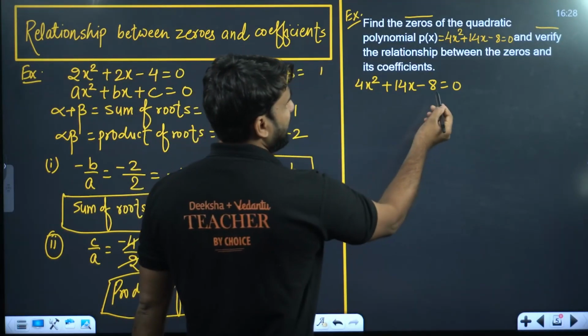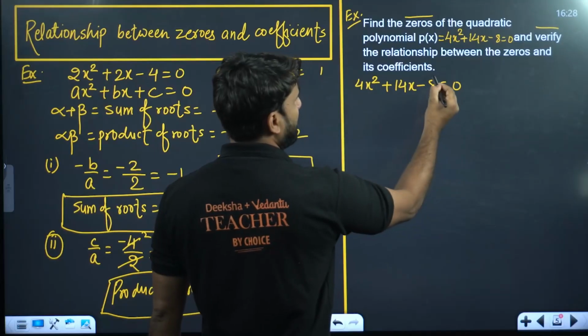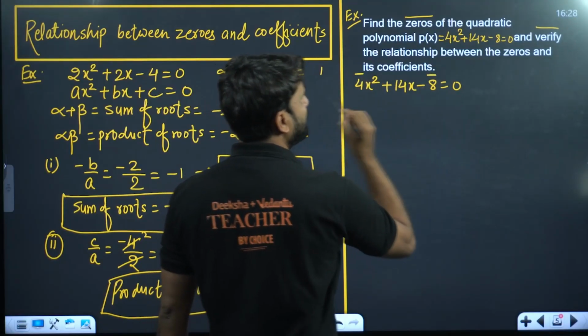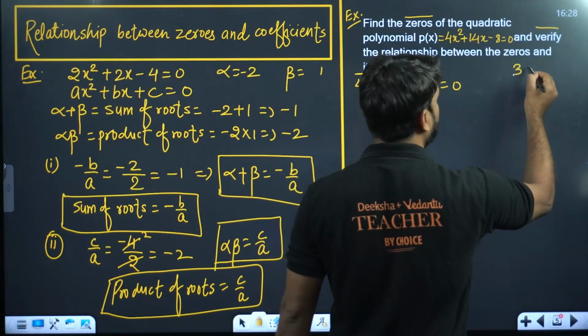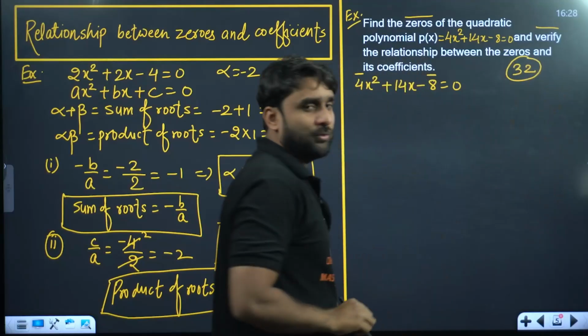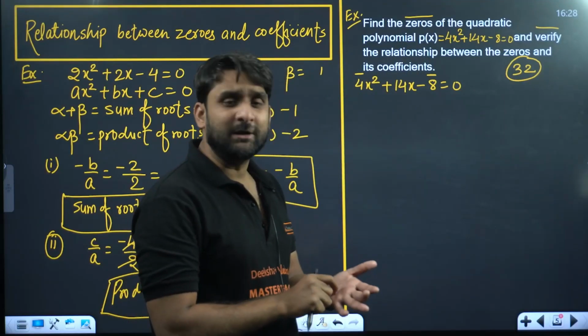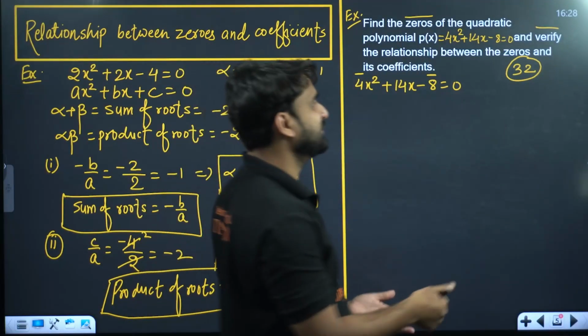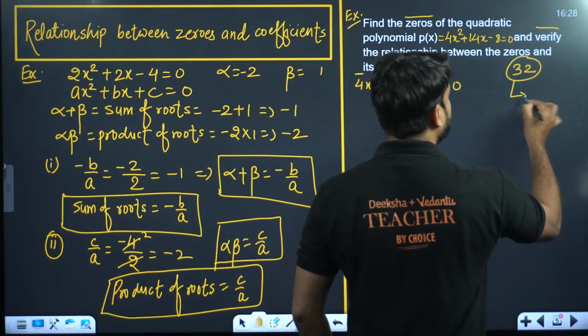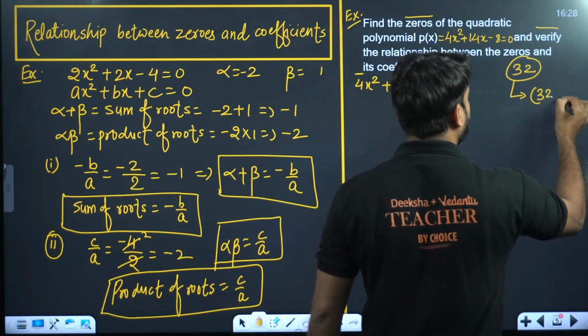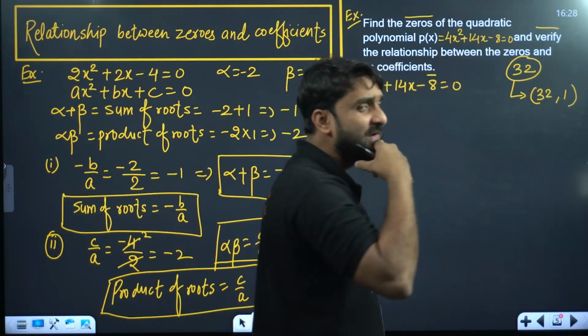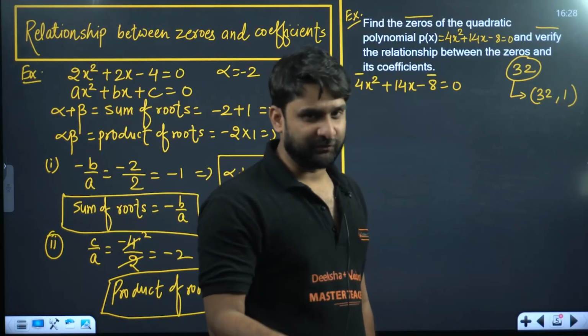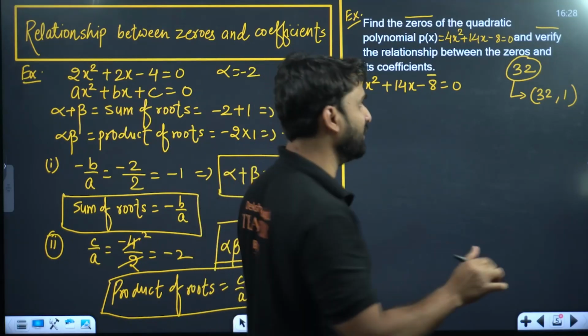Zeros. So multiply 8 by 4. What will be the multiplication? 32. Now for 32, make the pairs of its factors. The first possible pair will be 32 and 1, because their multiplication gives 32.